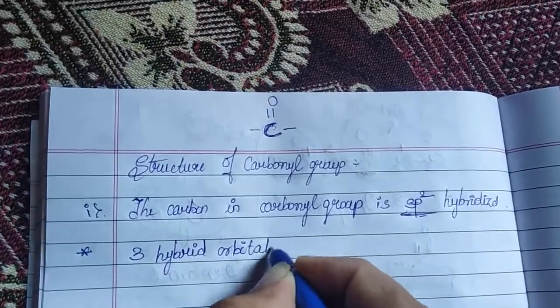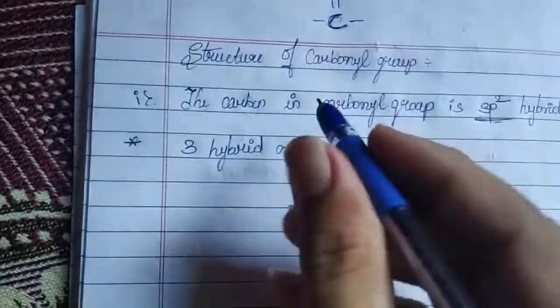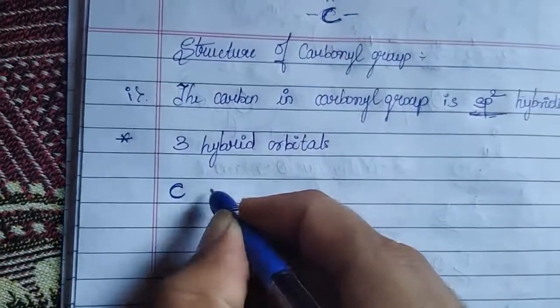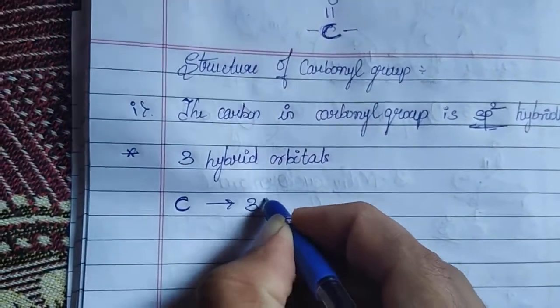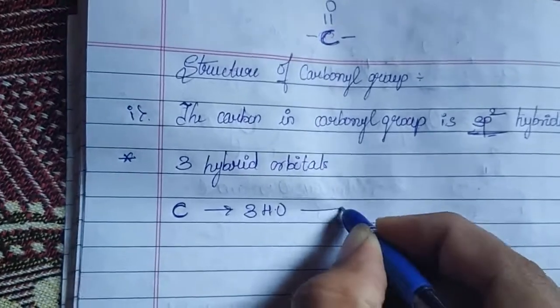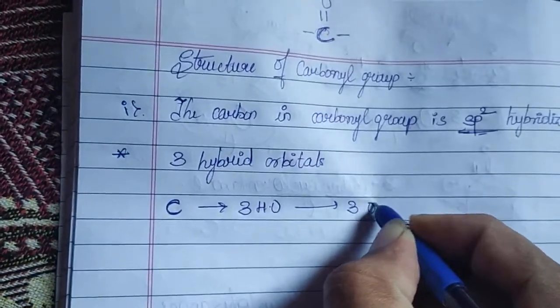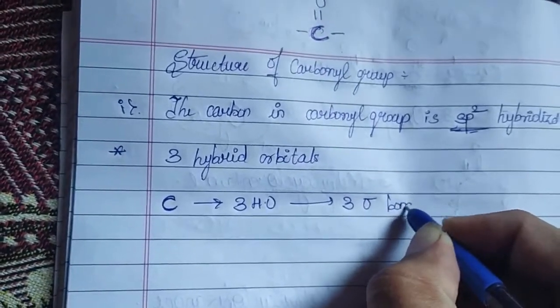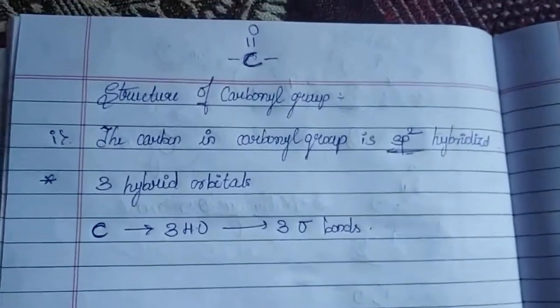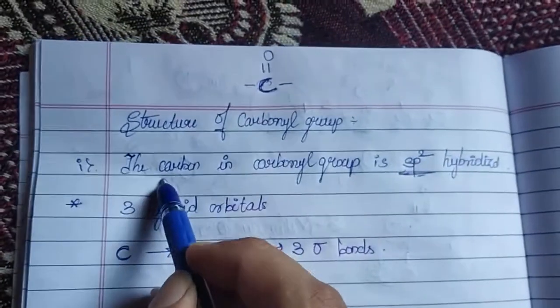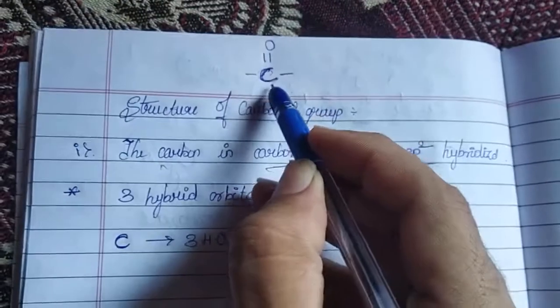Very much important to know this. Do remember, carbon utilizing these 3 hybrid orbitals forms 3 sigma bonds. Getting my point?